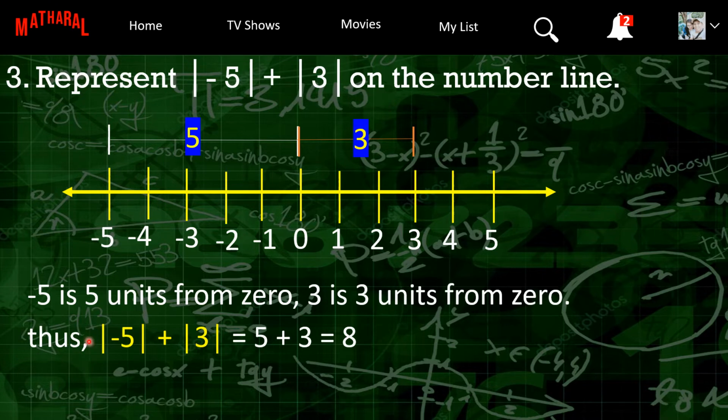Thus, the absolute value of negative 5 plus the absolute value of 3 is the same as 5 plus 3. Because the absolute value of negative 5 is equal to positive 5, and the absolute value of 3 is 3. And if you add them, it is 8. So, moving forward po tayo.